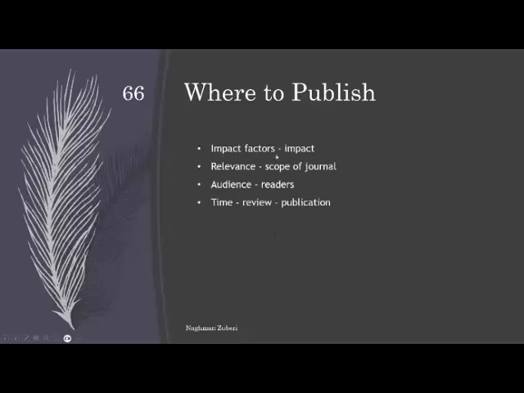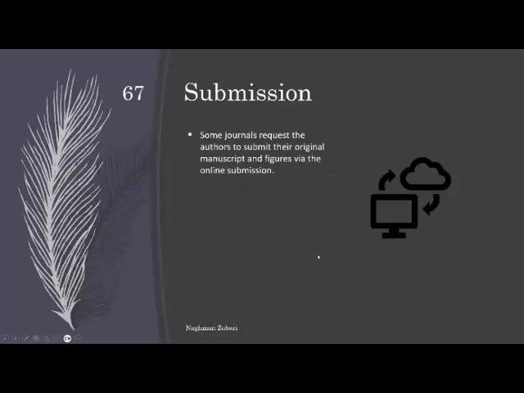Impact factors. Check out the impact and relevance. Scope of the journal, whether your article is related to that journal's scope or not, who the audience and readers are, and how much time they will take for reviewing and publishing your article.